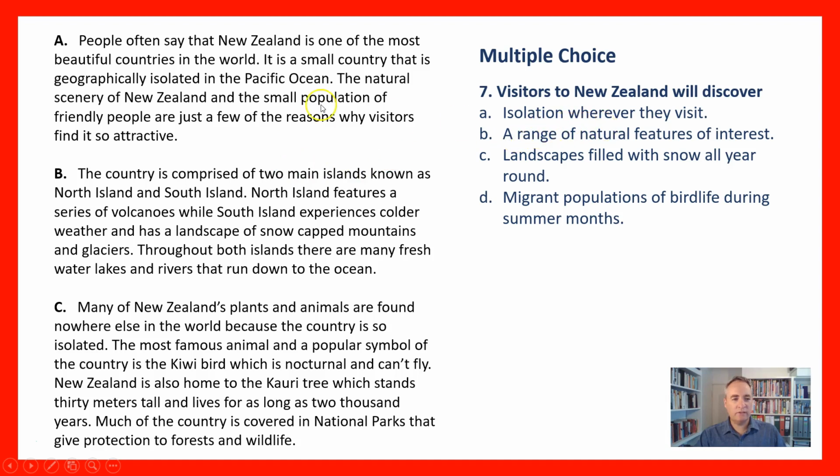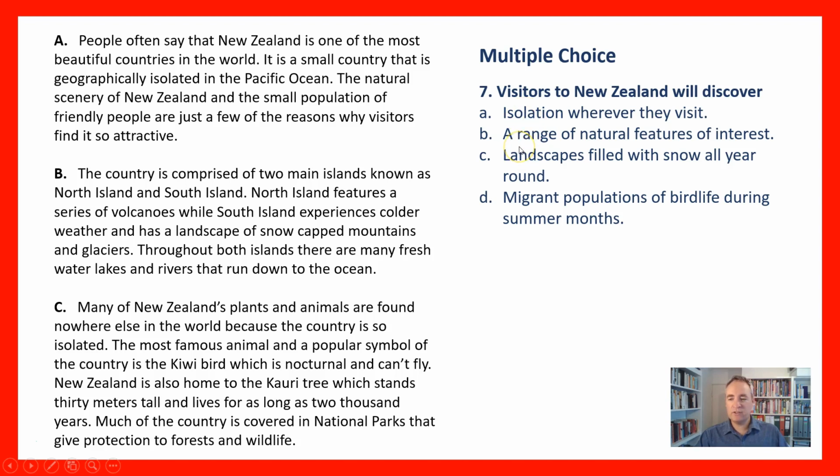Isolation wherever they visit. So I do remember the word isolation, geographically isolated in the Pacific Ocean. It's a small country that is geographically isolated. So that is the country that's isolated, but here it's talking about the visitors being isolated, which is not right at all. So no, that's not true. So it's not that one.